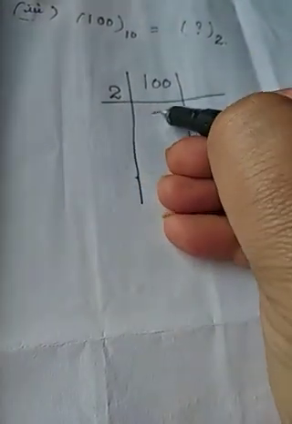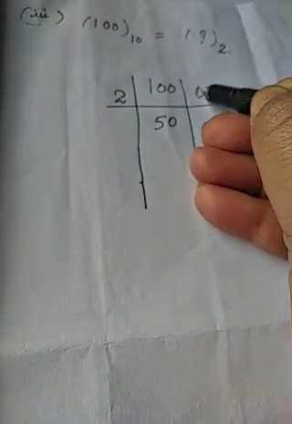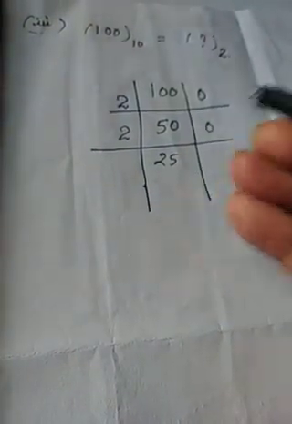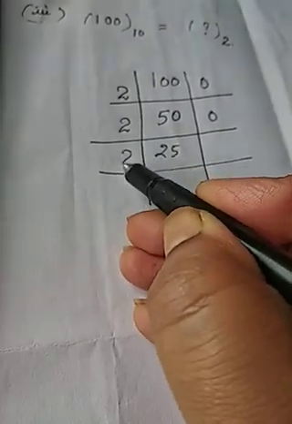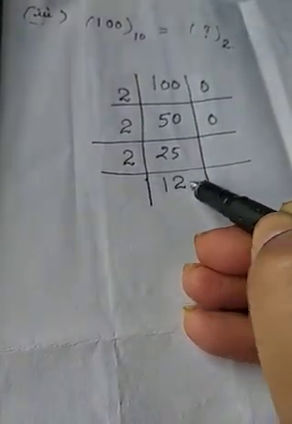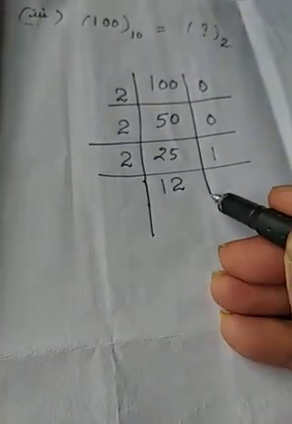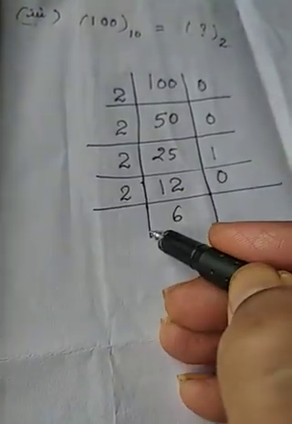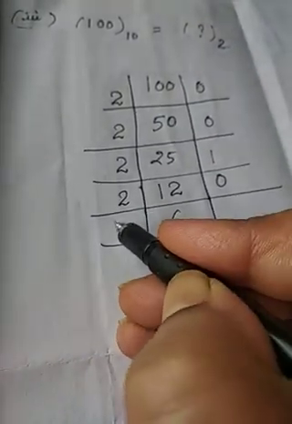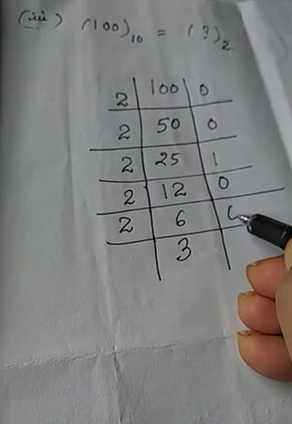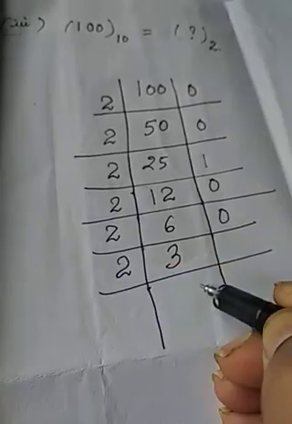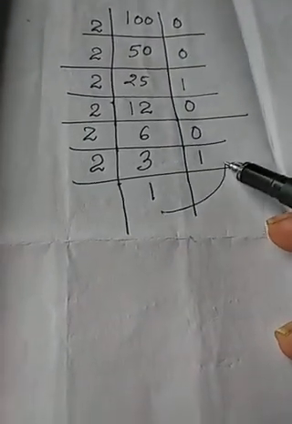So divide by 2, it will be 50, remainder will be 0. 2, 25, remainder will be 0. 2, 12, remainder will be 1. 2, 6, 0. 2, 3, 0. 2, 1, 1. So again the bottom up approach.